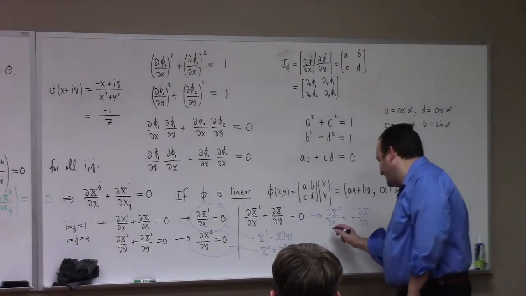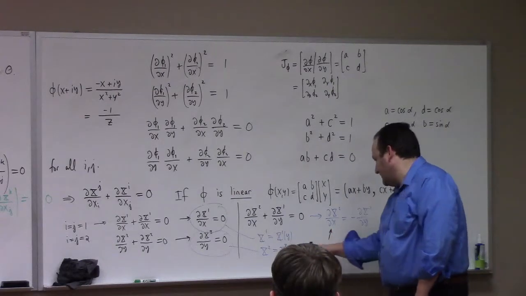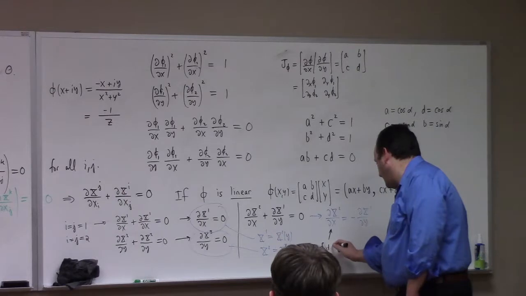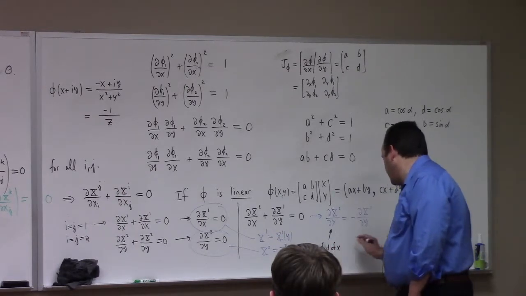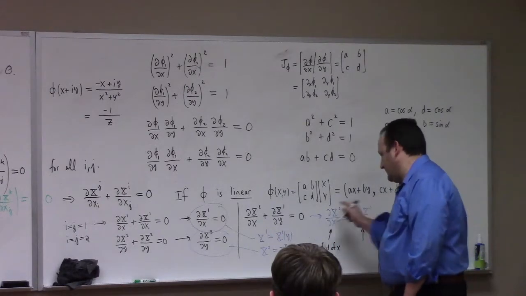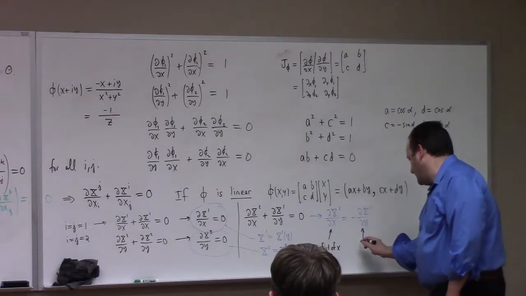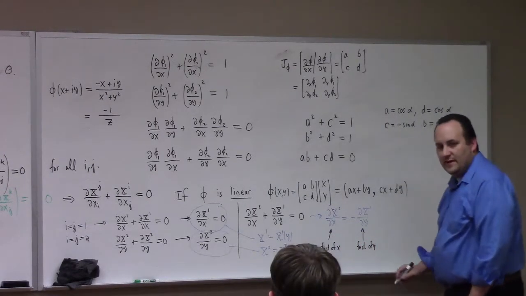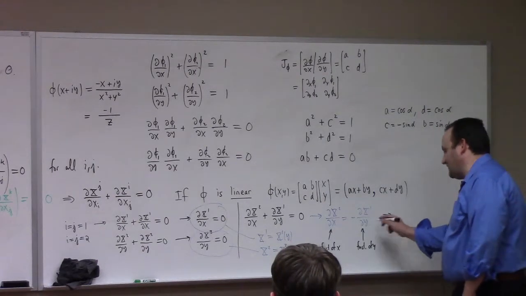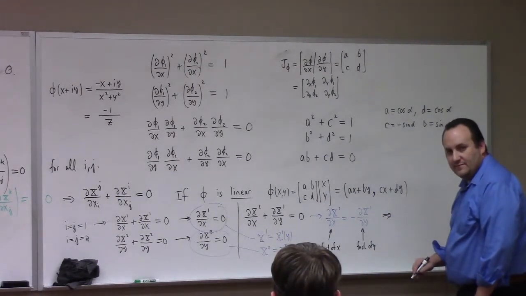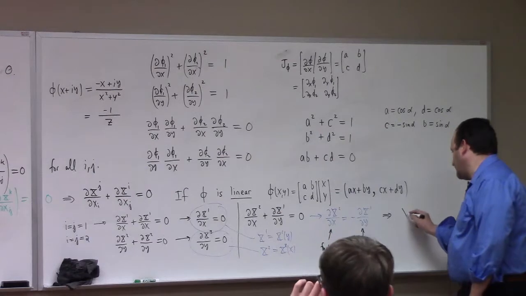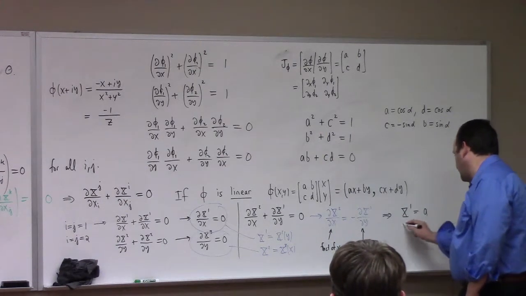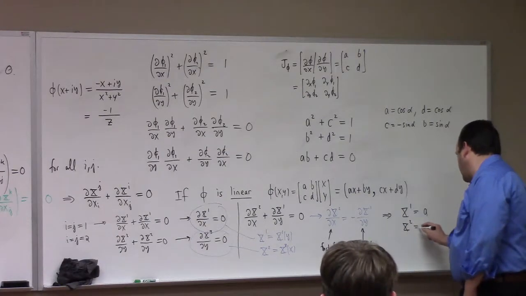Let's see here. This is a function of x, right? And what's this one? It's a function of y. So the only way you can have a function of x equal to a function of y is when it's a constant.